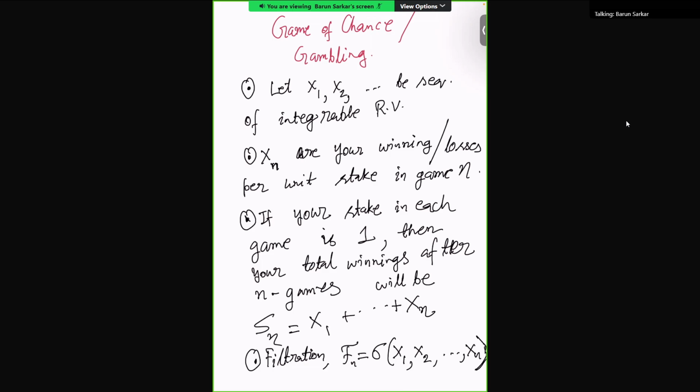And so here, x1, x2, ... is a sequence of integrable random variables. Xn are your winnings or losses per unit stake in game n.